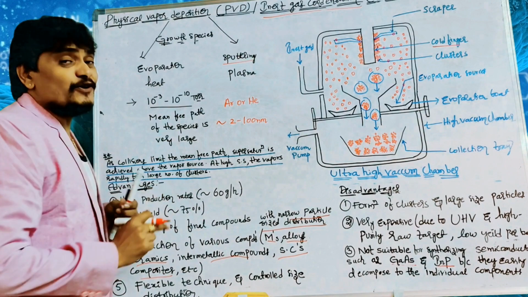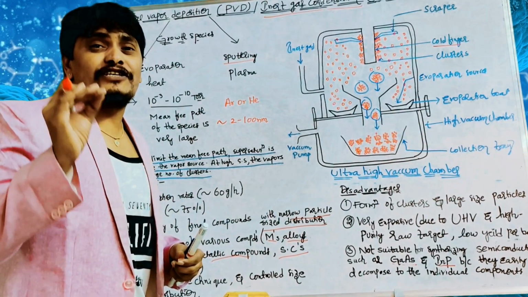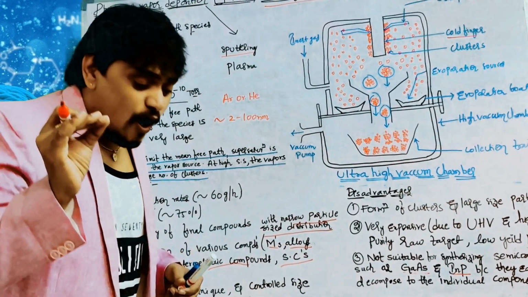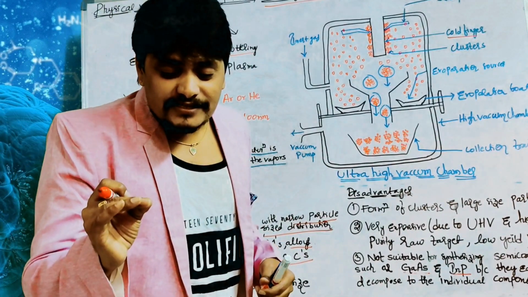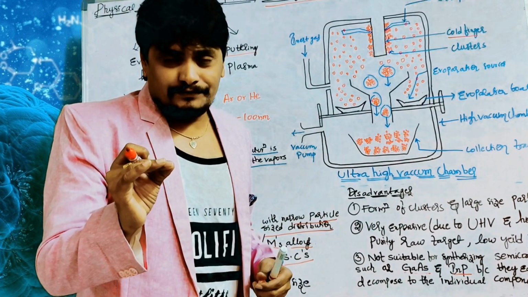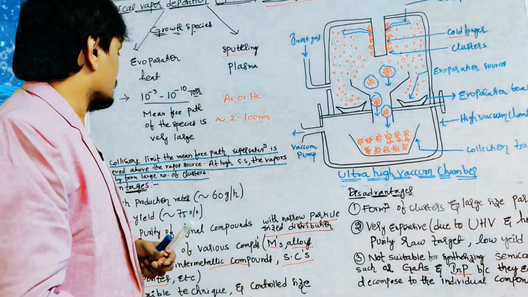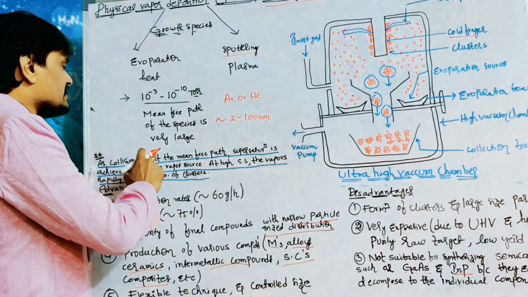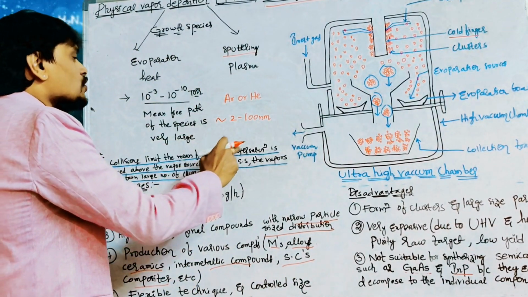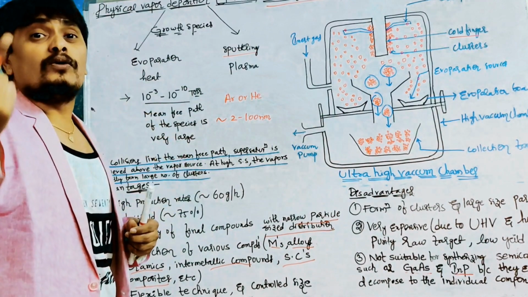Now as collisions limit the mean free path, supersaturation is achieved. The concentration of the vaporized metallic particles is increased. That is, as collisions limit the mean free path, supersaturation is achieved above the vapor source.